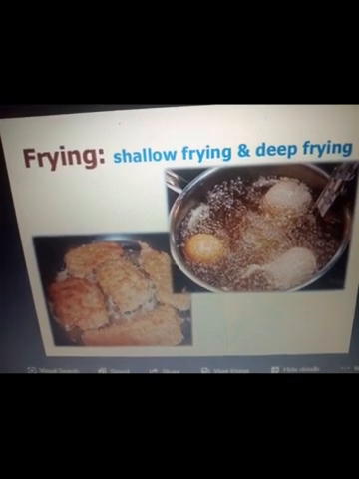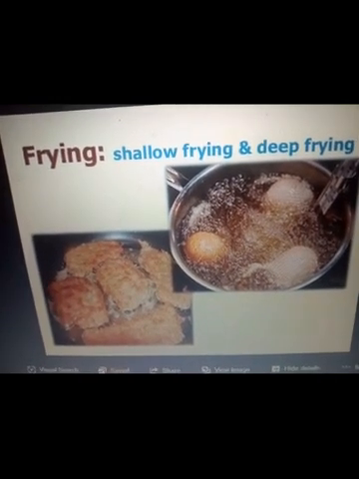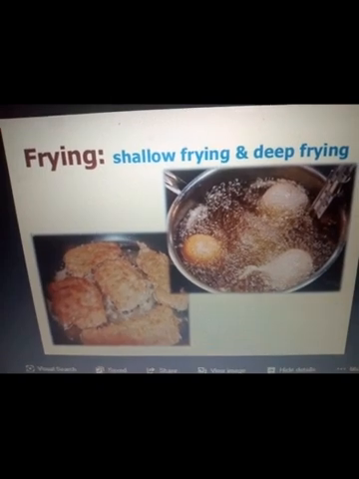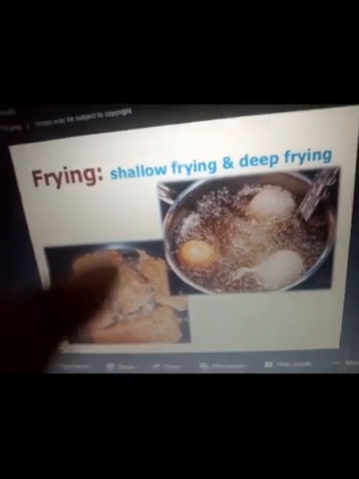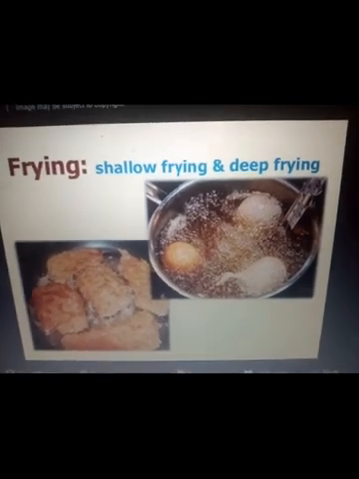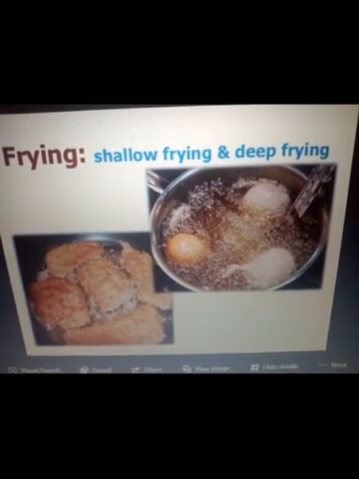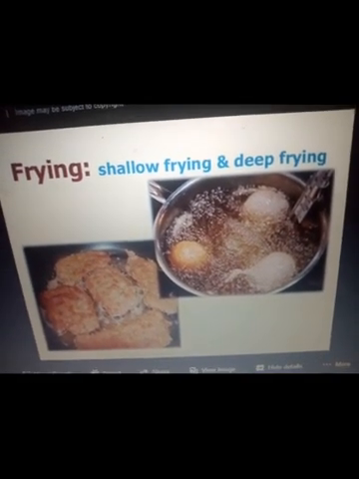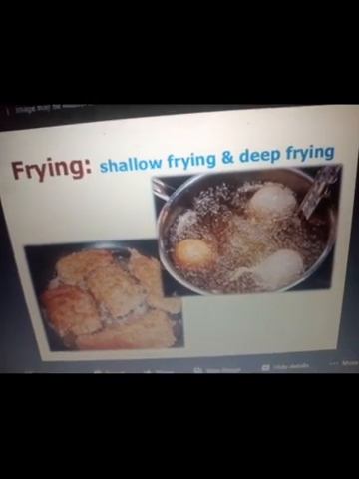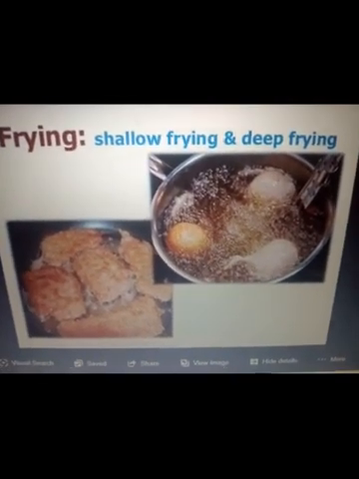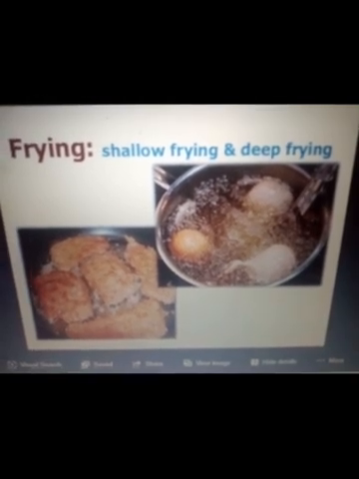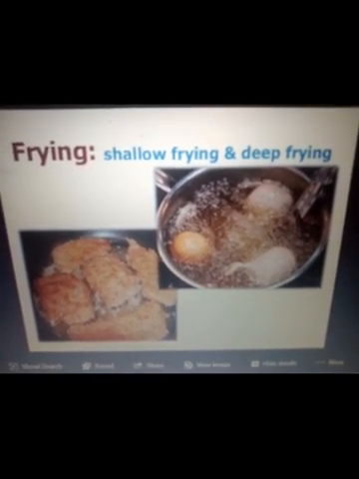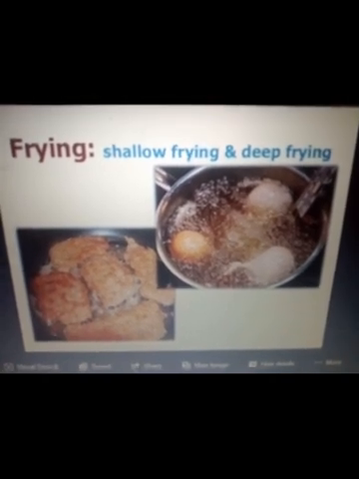To fry food, we put a lot of hot oil and it gets cooked. See the oil, and it gets cooked. We generally use a kadhai or a frying pan to fry food.